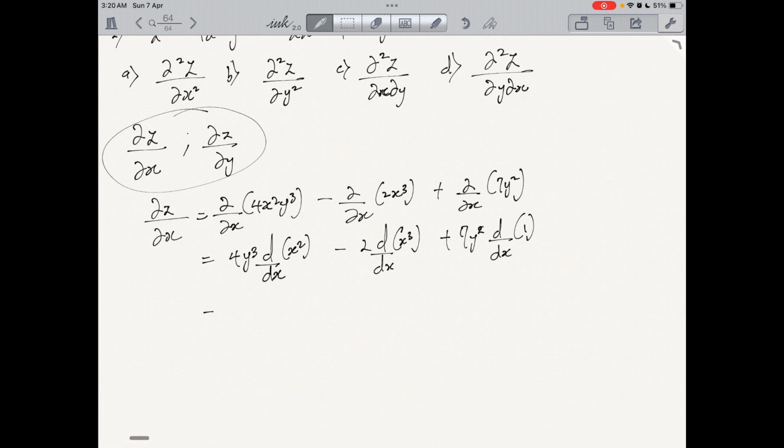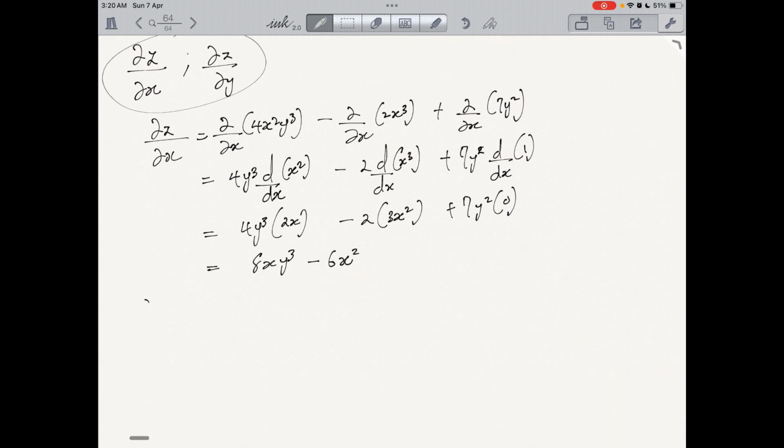Simplifying this, we have 4y cubed multiplied by 2x minus 2 into 3x squared plus 7y squared into 0. And so ∂z/∂x will be 8xy cubed minus 6x squared.